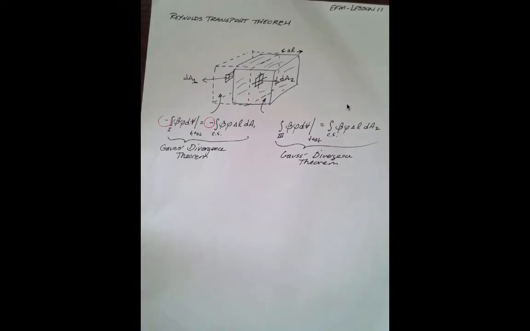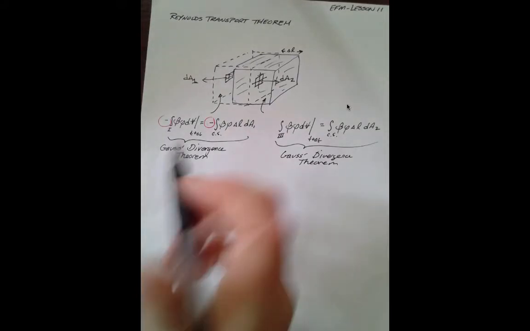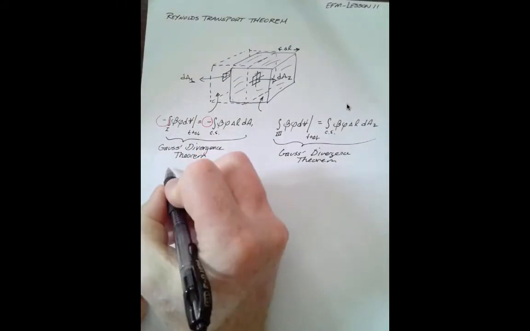So in the limit, delta L over delta t is just the velocity.